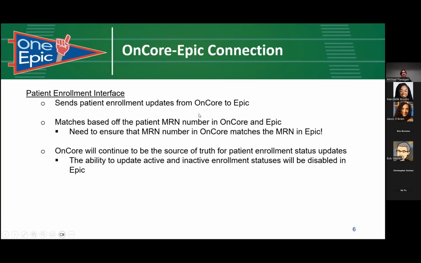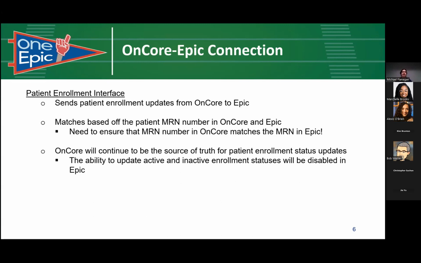So first, digging into the patient enrollment interface. Like I said, it's going to send patient enrollments from Encore to Epic. The first big call out here is that Encore is going to continue to be the source of truth for patient enrollment information, and that should just be reflected within Epic as well for those patients that you're enrolling.